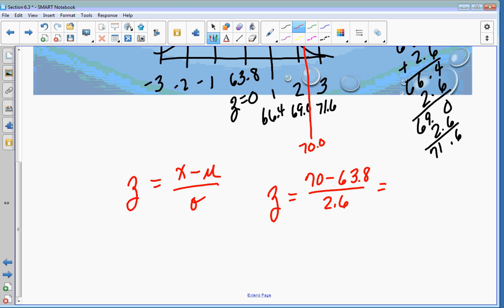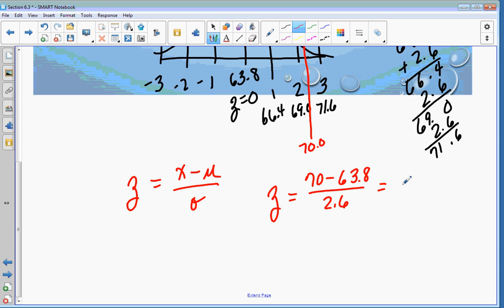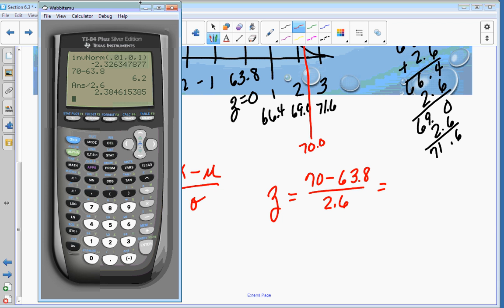I'll bring my calculator up: 70 minus 63.8, divided by 2.6, and I find that my z-score is 2.3846. Of course, we round that to 2 decimal places, so my z is 2.38.